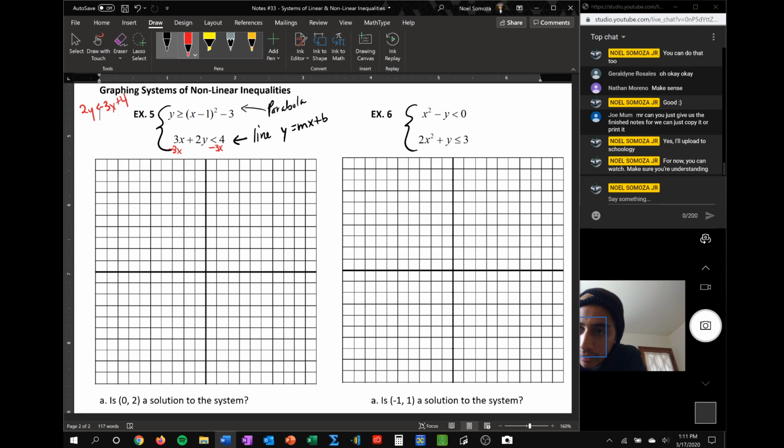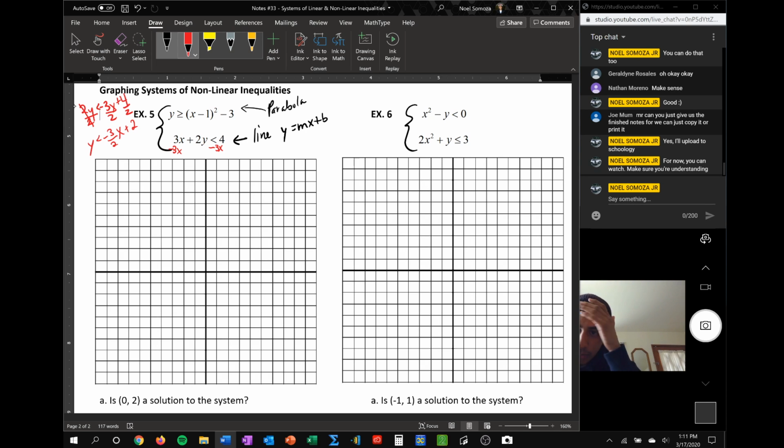From there, got to divide everything by a 2. So then when those cancel, y is going to be less than negative 3 over 2 x plus, well, 4 over 2 is just 2. Okay, so now that's ready to graph.